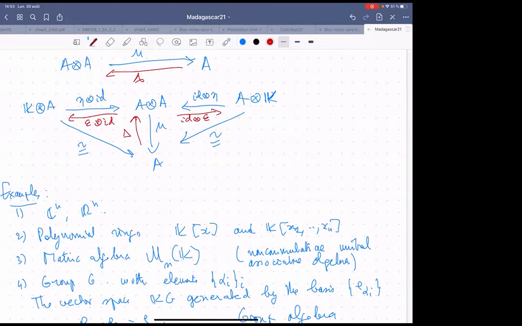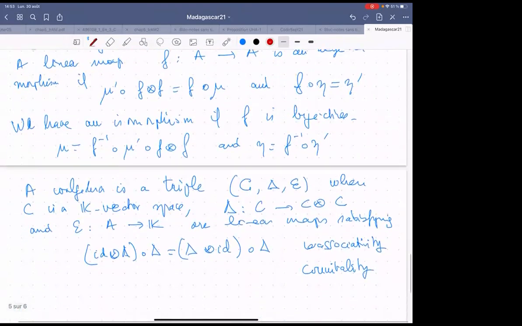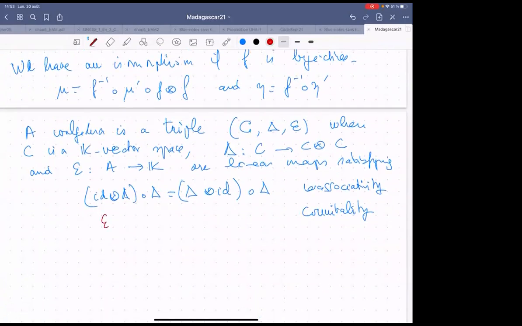Now what we have is epsilon tensor identity composed with delta equals identity, and this equals identity tensor epsilon composed with delta. This is the co-unitality. This is what we call a coalgebra.